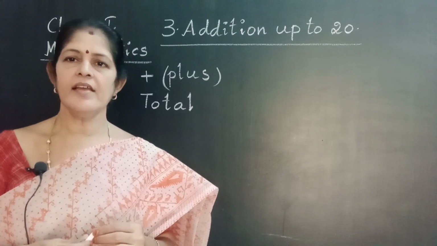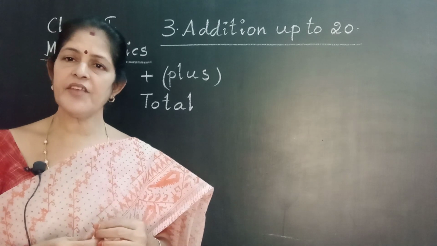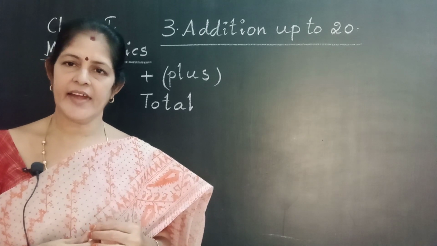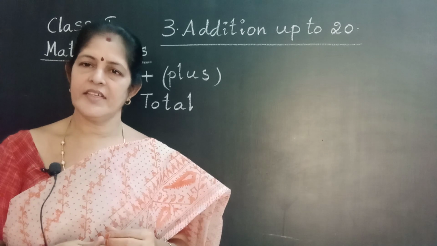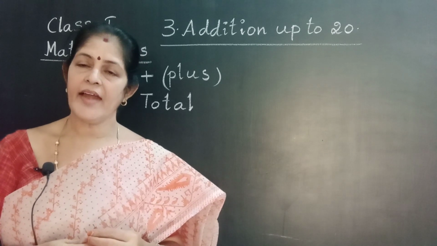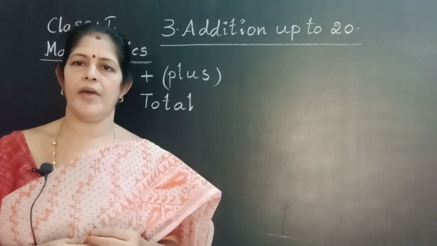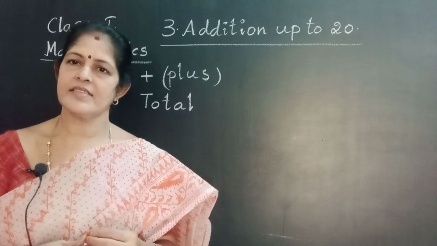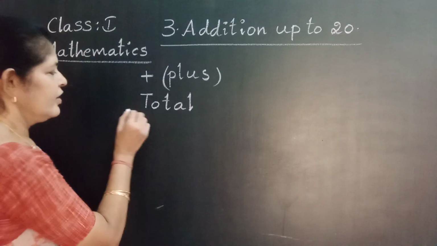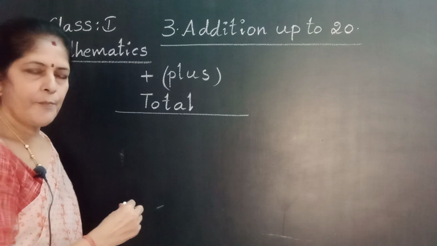Okay, my dear children. Next, addition facts. Rules in the addition. When we add 0 to a number, we get the same number. Very good. Now I am going to show examples.